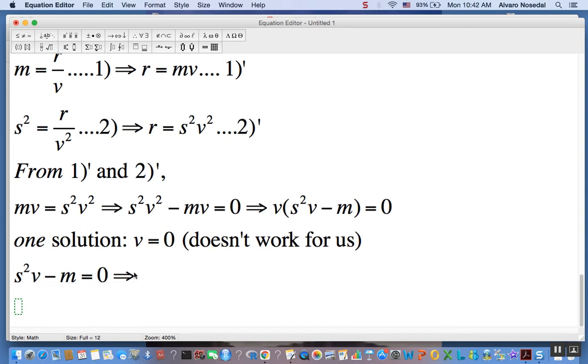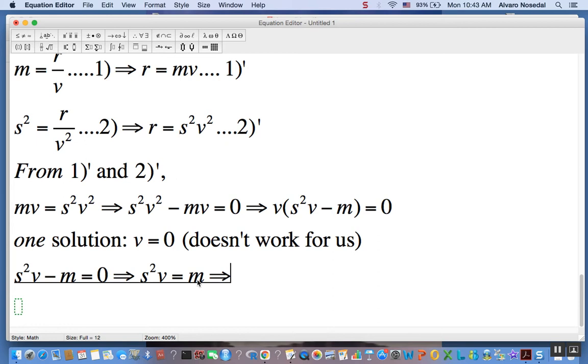right? And remember that what we're trying to do is find the R and V that work for us, right? So what we have here is that S squared times V equals M, which implies that V is going to be M divided by S squared.